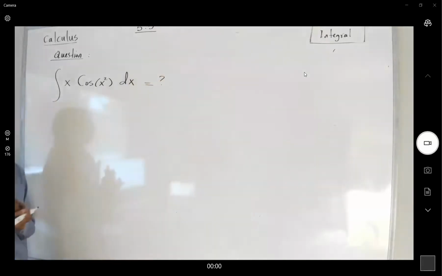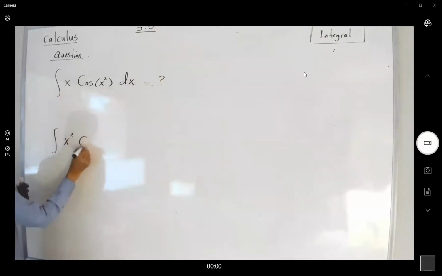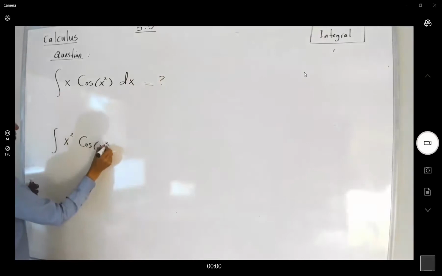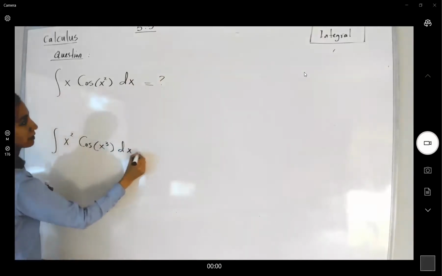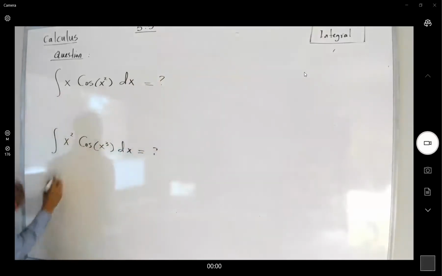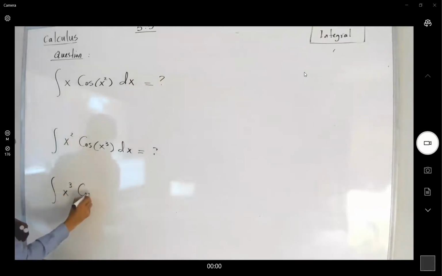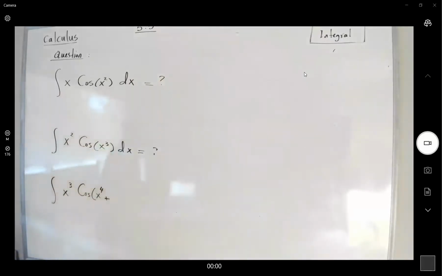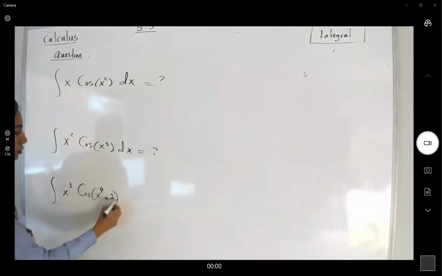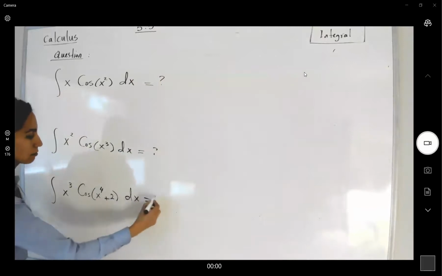Or what if I have an integral like this? What is the integral of x squared cosine x cubed dx? Or what if I have an integral like this? The integral of x cubed cosine of x to the fourth plus, let us add a constant as well, plus 2 dx.